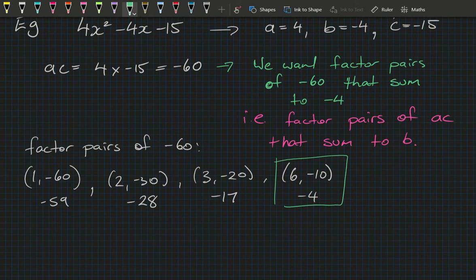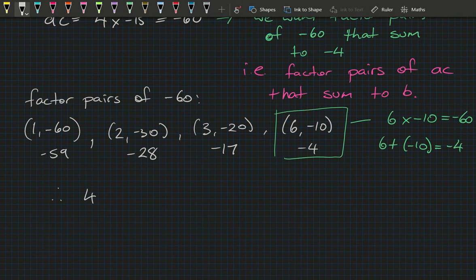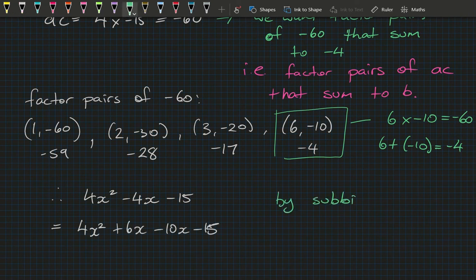So in other words, 6 times minus 10 is equal to minus 60, and 6 plus minus 10 equals minus 4. So let's start again with that 4x squared minus 4x minus 15. Well, that becomes 4x squared plus 6x minus 10x minus 15, just by subbing in 6x minus 10x for minus 4x.